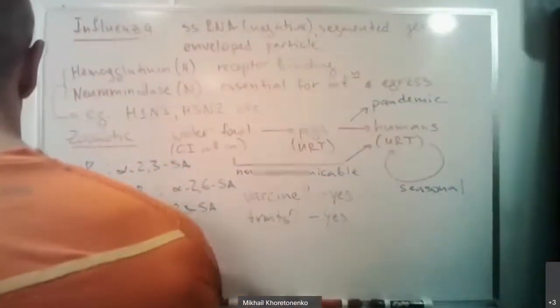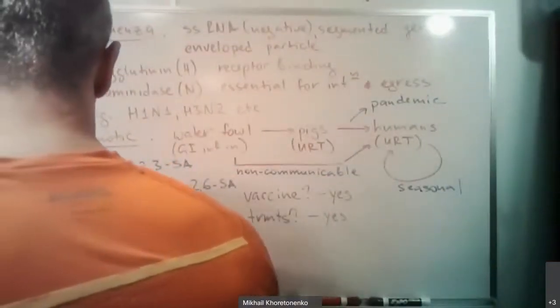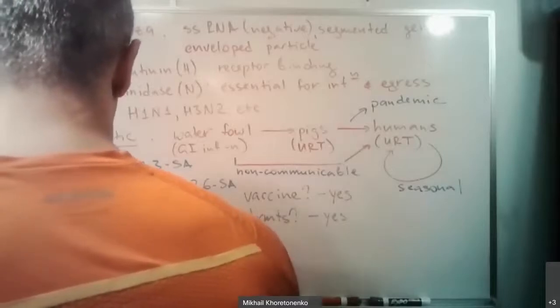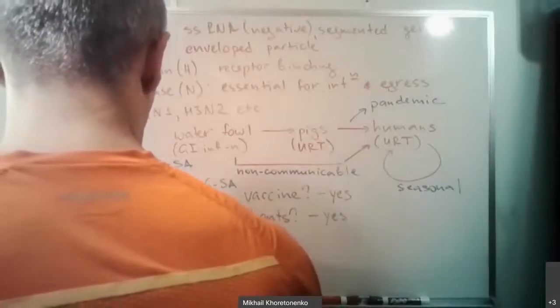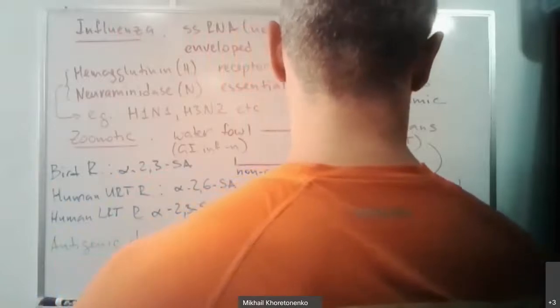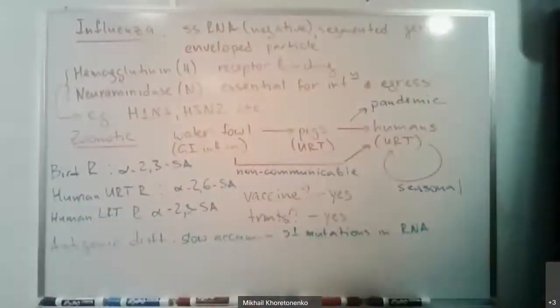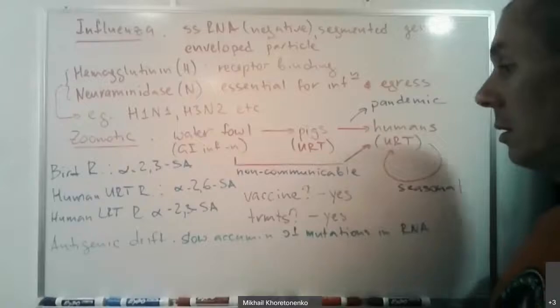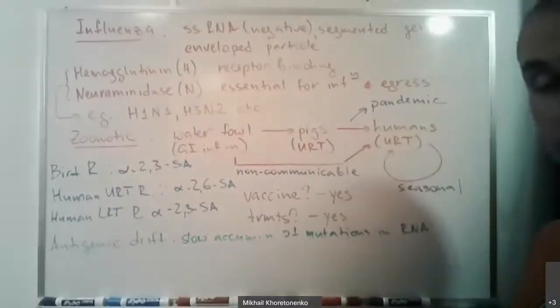It has two phenomena: antigenic drift, which is slow accumulation of mutations in the viral RNA. RNA synthesis is very error prone, and every time RNA is being copied, mutations accumulate. We good so far?